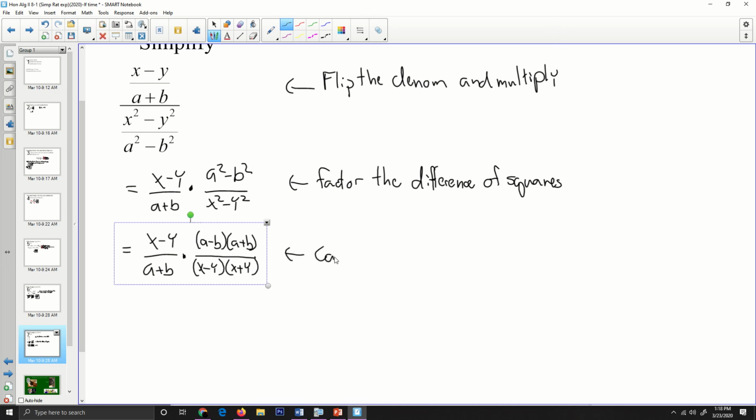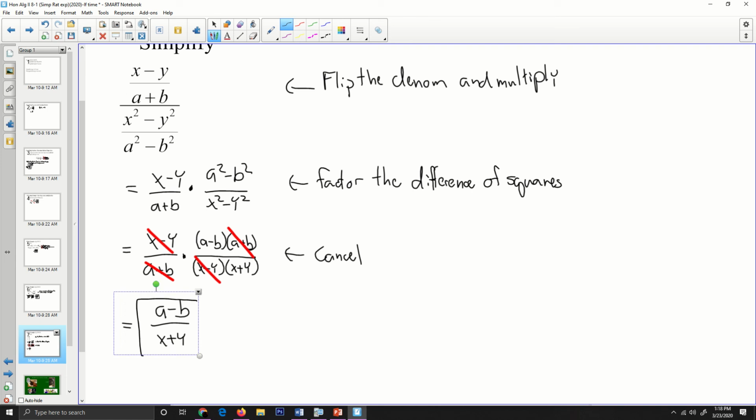And then we're going to cancel. And so I see that an x minus y and an x minus y cancel, and an a plus b and an a plus b cancel, leaving me only with a minus b over x plus y. And that is our reduced form.